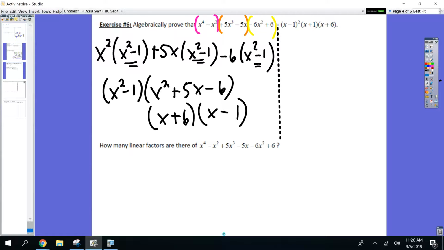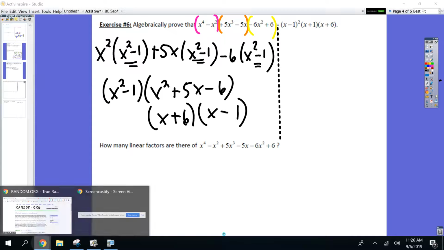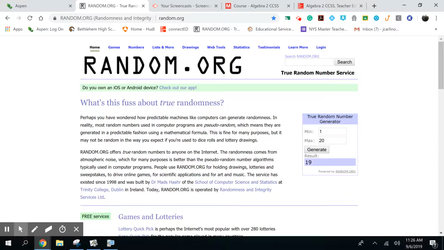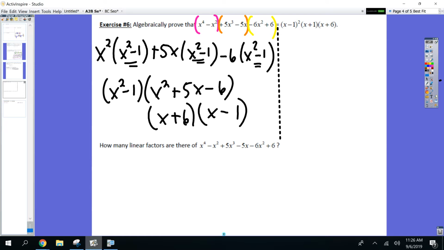All right, look. Hey, I see an x plus 6. I see an x minus 1. We're starting to get there, but I'm not there yet. So I might be able to do something with the x squared minus 1. Difference of two perfect squares. So it'll be what? X plus 1 and x minus 1. Take a breath.